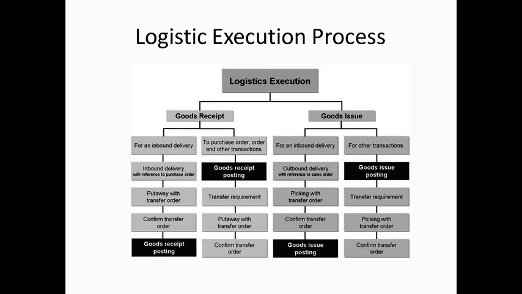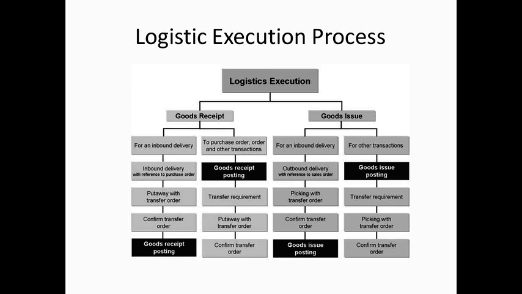Once the outbound delivery is created, the picking process will start. We have two processes, put away and picking. Put away is when the stock is placed in the WM warehouse. And picking is when stock is picked from the warehouse and sent to the required location.